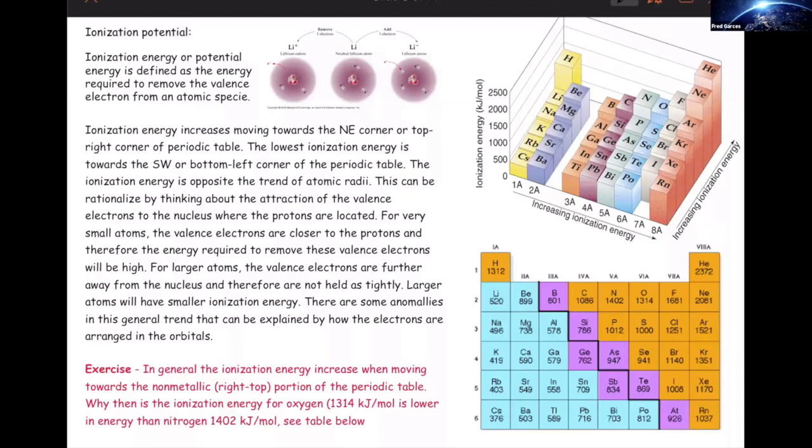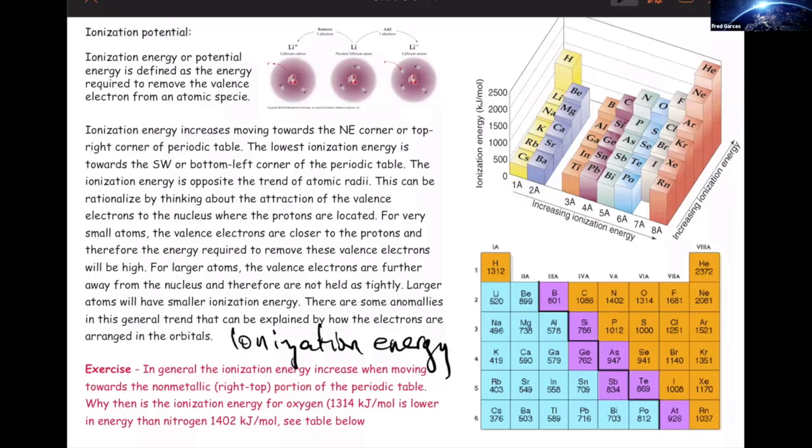Next is called ionization energy. You can think of the fact that if the electrons are further out, it's easier to remove those electrons. If the electrons are closer in, it's more difficult to remove those electrons. And that's exactly what you see right here.